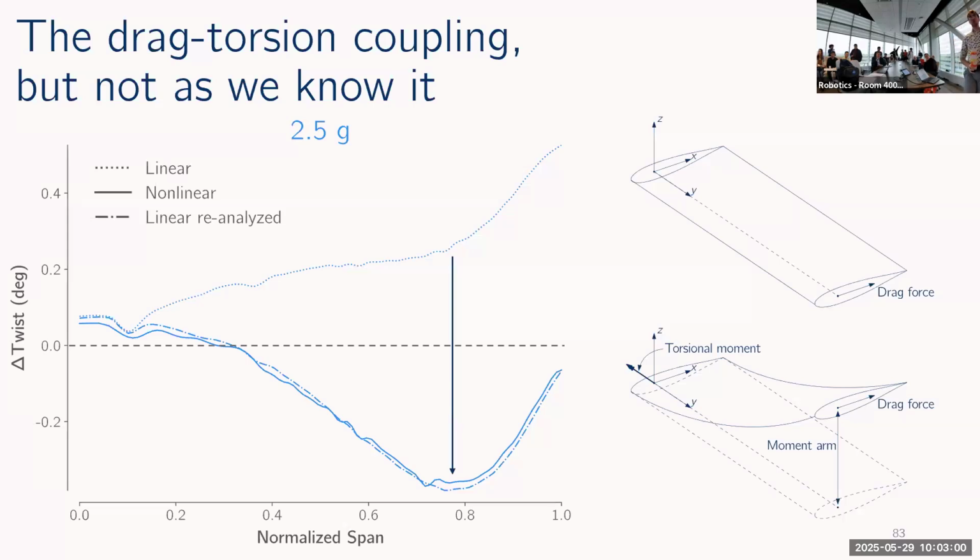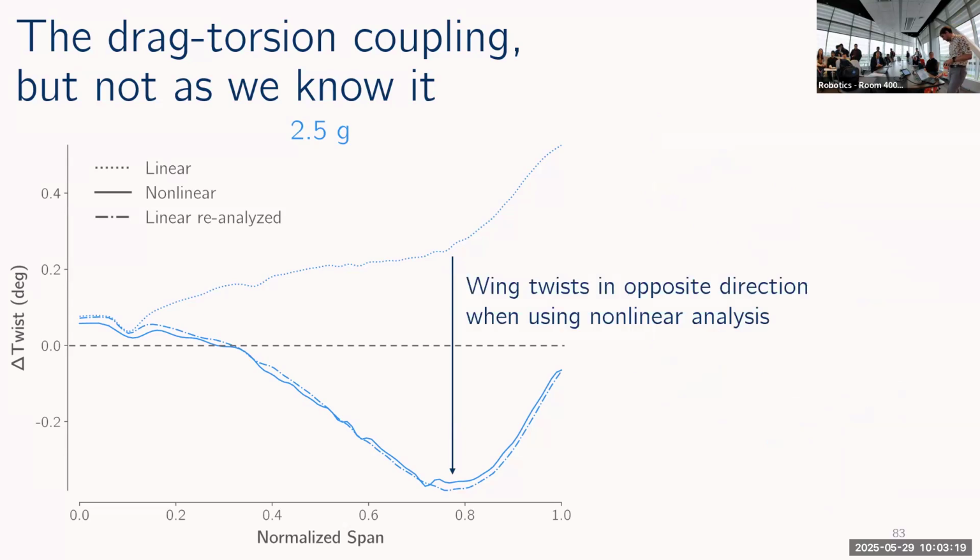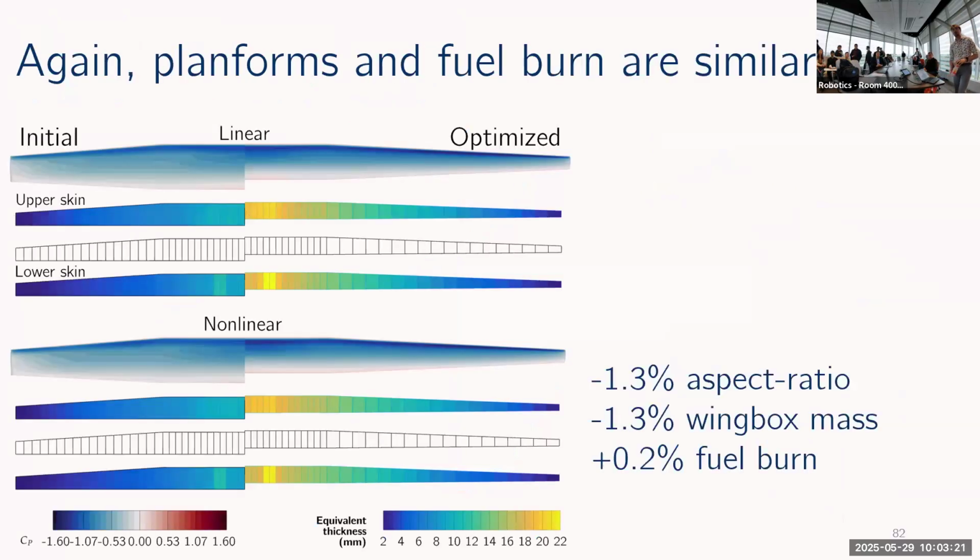In this case, when you use the nonlinear model, you get more washout in the maneuver condition, by about half a degree or more. But in this case, it didn't have a particularly significant effect on the span load because the structural sizing of these two optimized designs ended up being pretty similar.